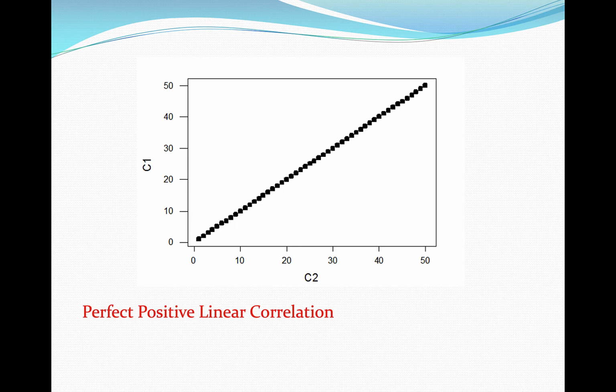In reality, that's never going to happen, but this is the ideal scenario where we have this perfect relationship. The positive comes from the fact that if we draw a line through all these points, it would have a positive slope, and then we want to make sure we identify it as linear correlation. So you should say exactly what I have there: perfect positive linear correlation.